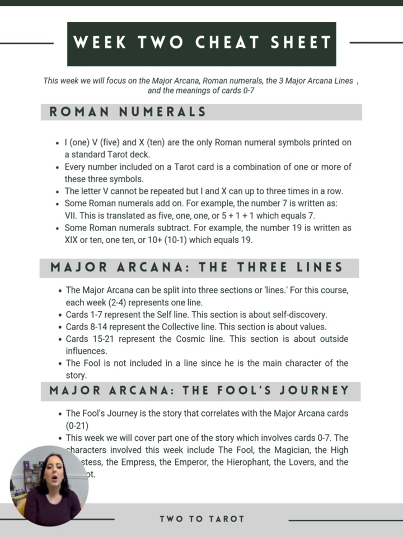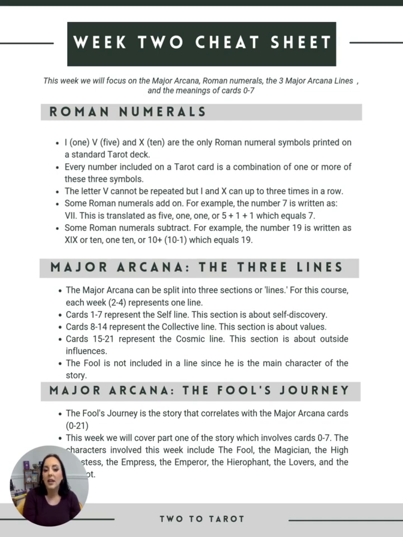But the capital letter I stands for 1, V stands for 5, and X for 10. There are more Roman numerals, but these are the only ones that are printed on a standard tarot deck. Every number included on a tarot card is a combination of one or more of these 3 symbols.